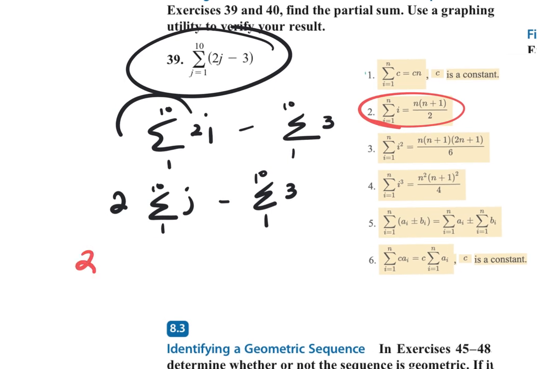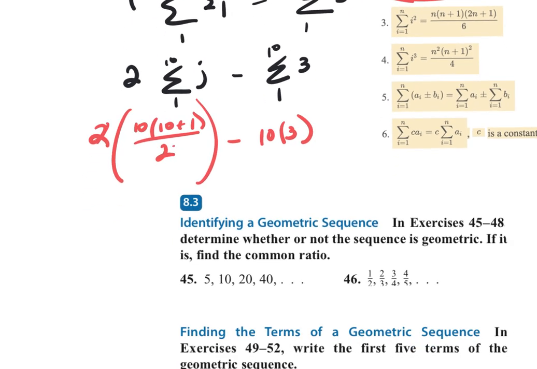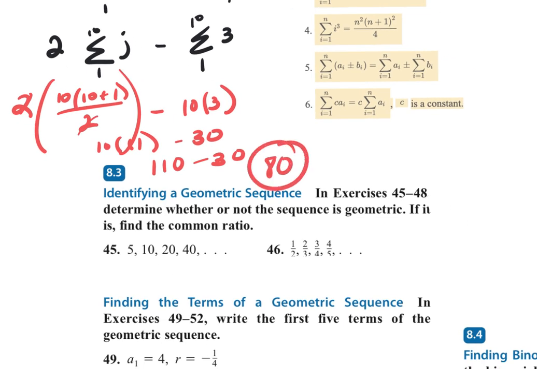So this is 2 times 10 times 10 plus 1 over 2, minus the constant is just 10 times 3. So this would cancel. I'd get 10 times 11 minus 30, 110 minus 30, which is 80.